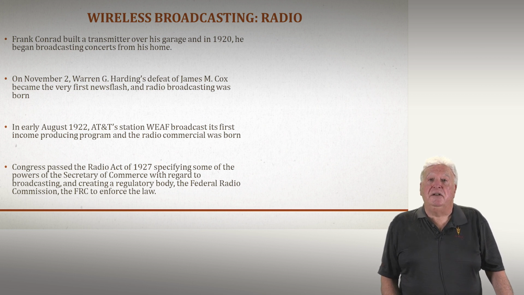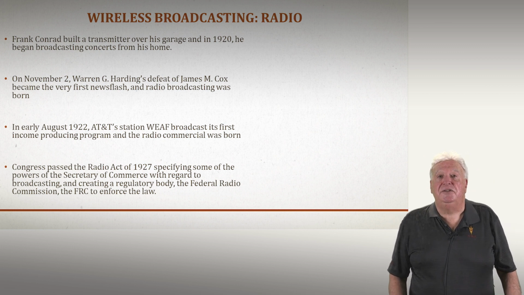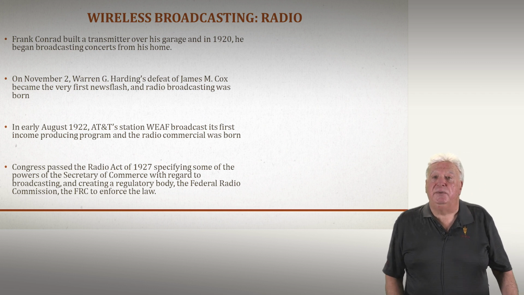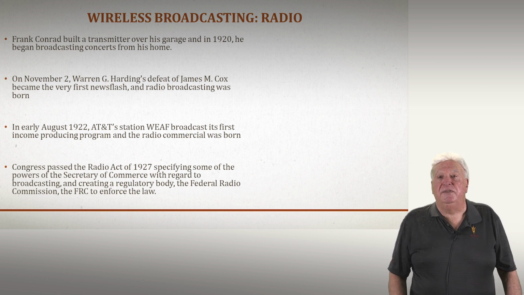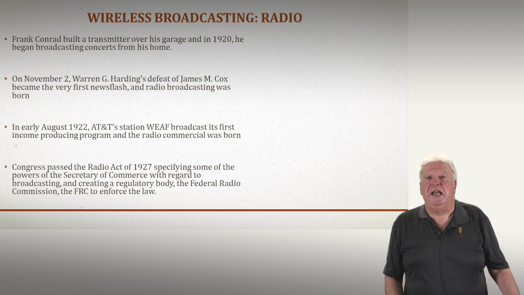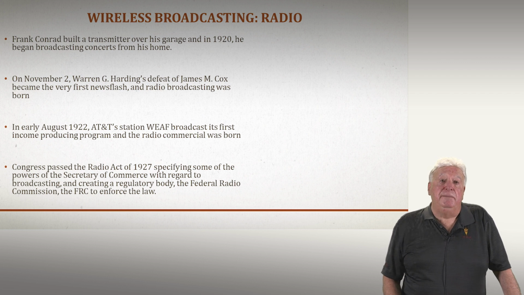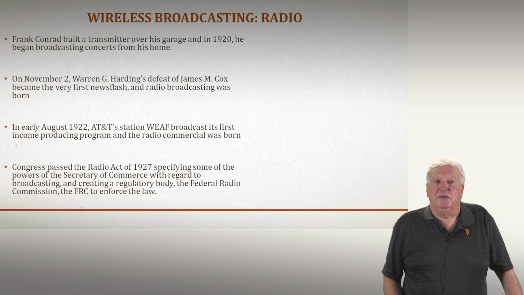A few years later, Congress, which had again been under considerable pressure to create some order on the airwaves, passed the Radio Act of 1927, reaffirming some of the principles of the Radio Act of 1912, specifying some of the powers of the Secretary of Commerce with regard to broadcasting, and creating a regulatory body, the Federal Radio Commission, FRC, later called the Federal Communications Commission, or the FCC, to enforce the law.